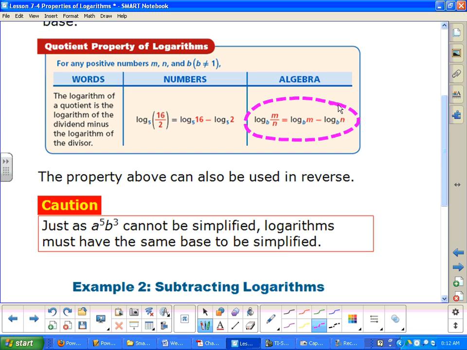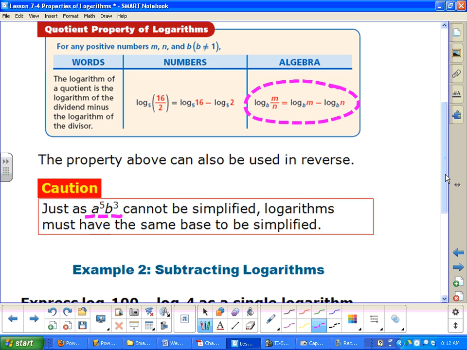It says the property above can also be used in reverse, but there is a caution. Okay? Be careful, because if the bases are different, then you can't add or subtract them, right? Depending on the situation. So as long as the bases are the same, you can add if you're multiplying, you can subtract if you're dividing.